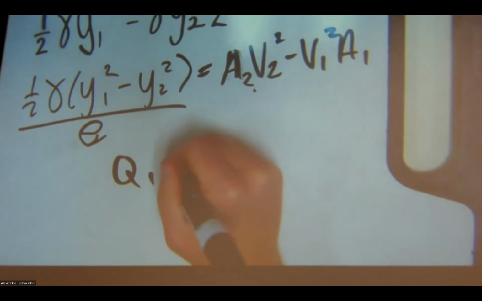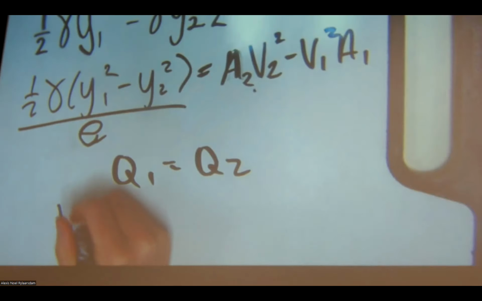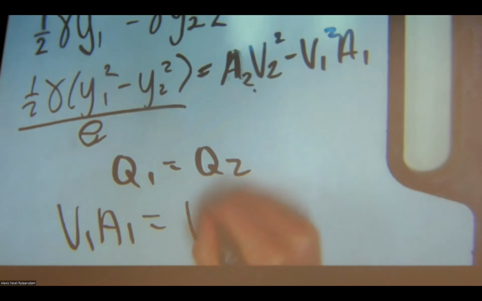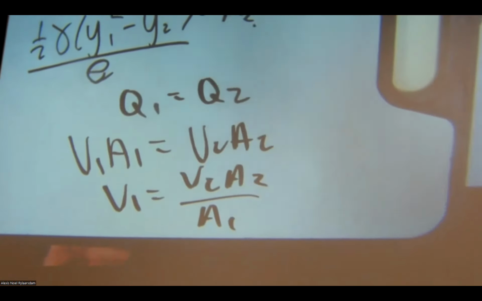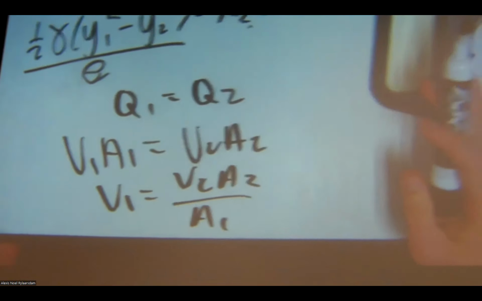So Q1 equals Q2, V1 A1 equals V2 A2. Solve for V1 equals V2 A2 over A1. Let's do a quick simplification, just to make this easier to look at. We know that W, which is the width of our flow, is going to be 1.